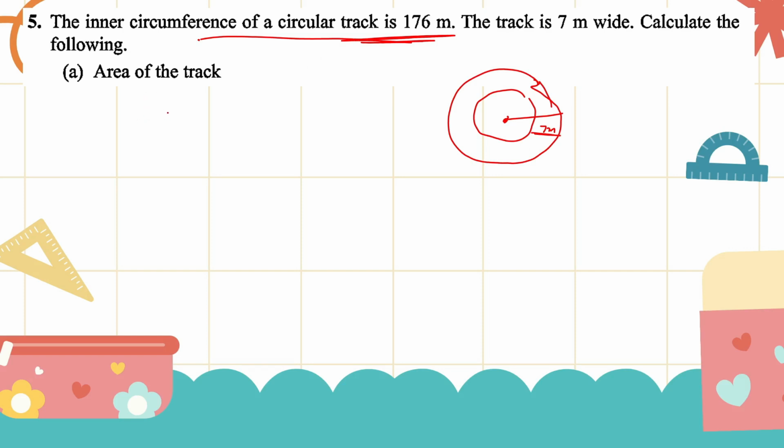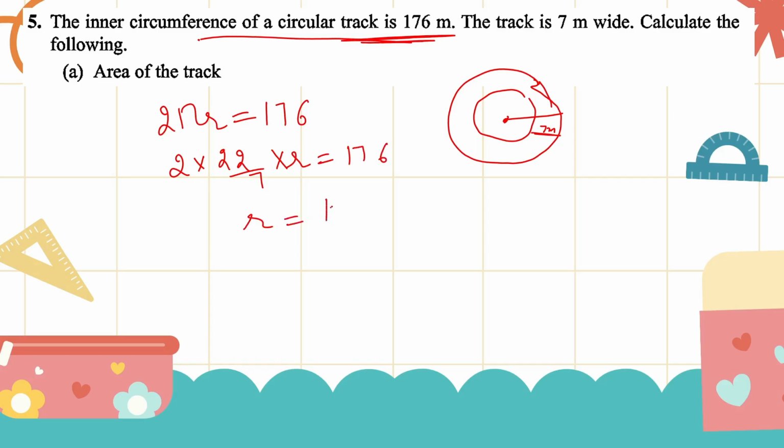First thing, 2 pi r, that is given, 176. We need to find the inner radius. We are taking the small radius r and the greater radius capital R. Here r is 176 into 7 over 2 into 22. Understand? So now we will cut it with 2.